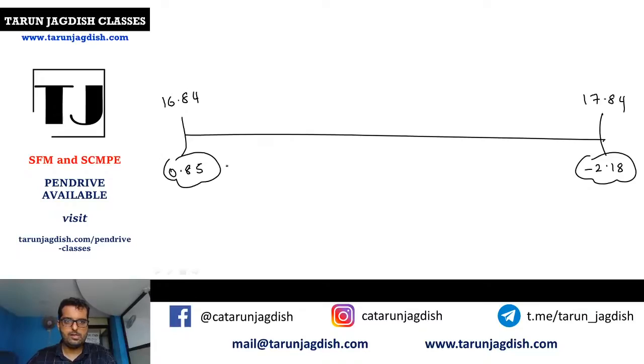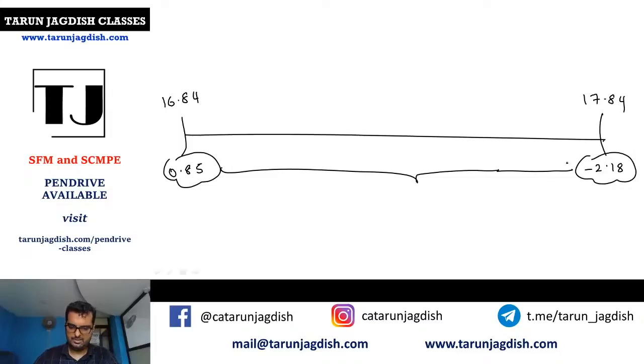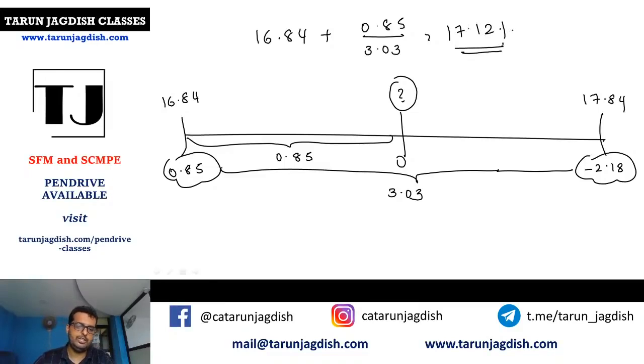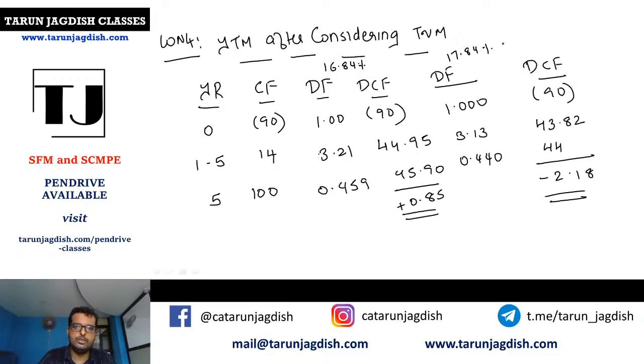Right? So the distance to be traveled from here to here would be 3.03. I want a point where my NPV becomes 0. So here to here would be 0.85. So my answer would be 16.84 plus 0.85 divided by 3.03. My answer would be 17.12%. All right, friends, can you please write down this in your books now?